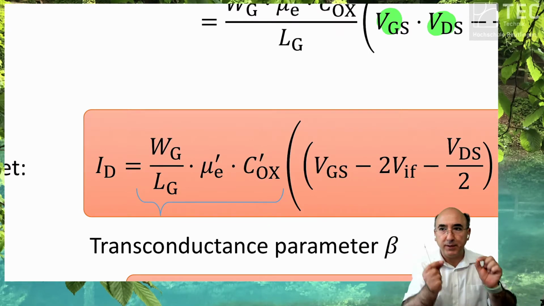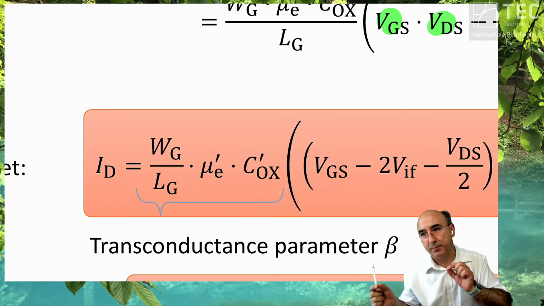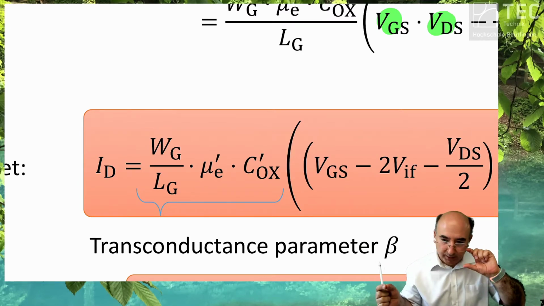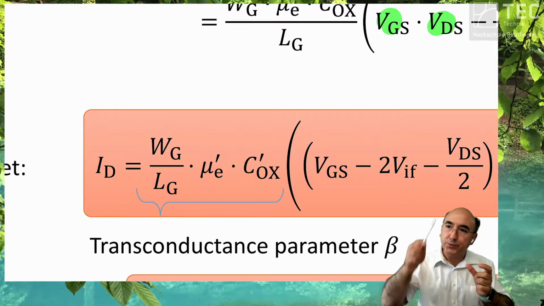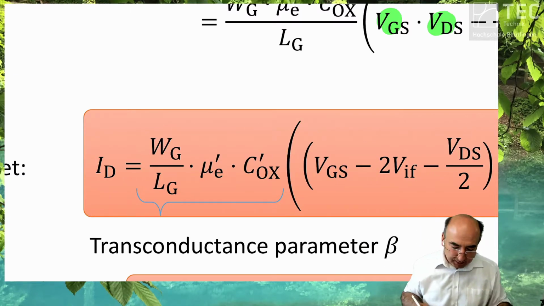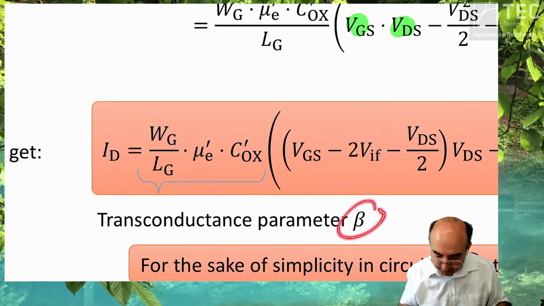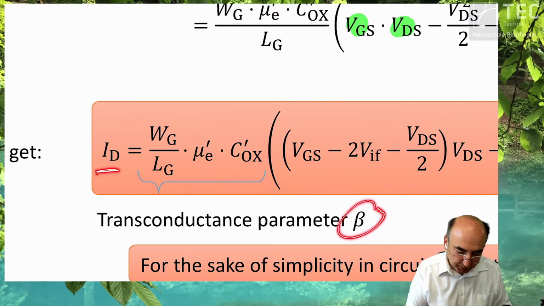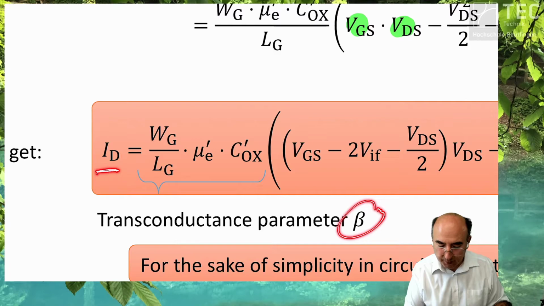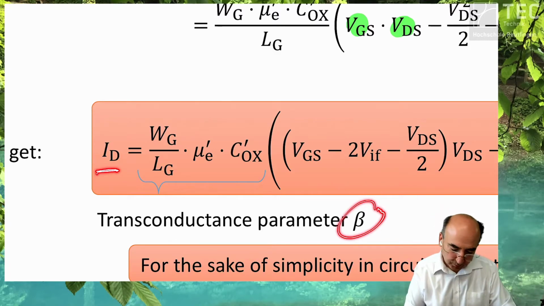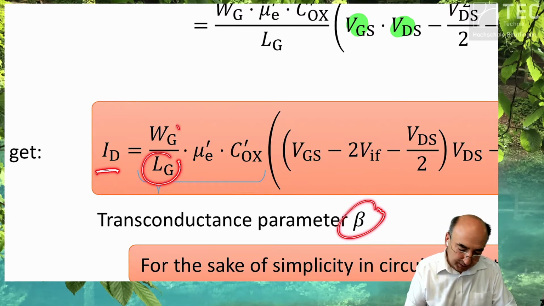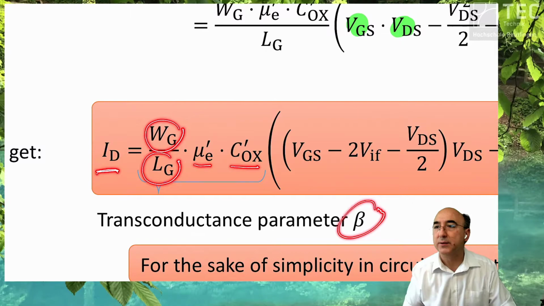That's the main function of a transistor: gate source voltage to drain current. And this parameter defines your drain current by physical values, by the gate length, by the gate width, by the mobility, and the oxide capacitance.